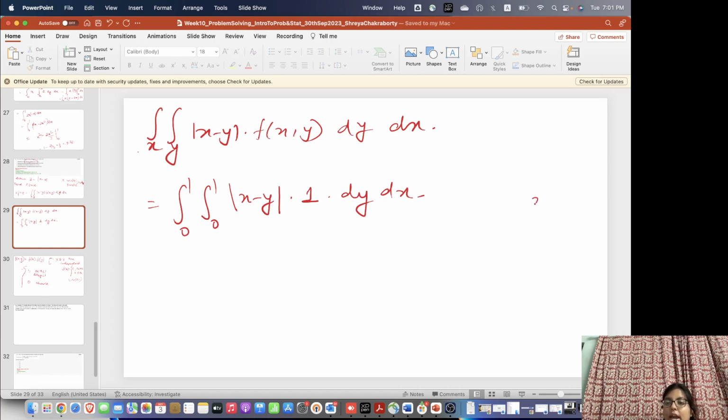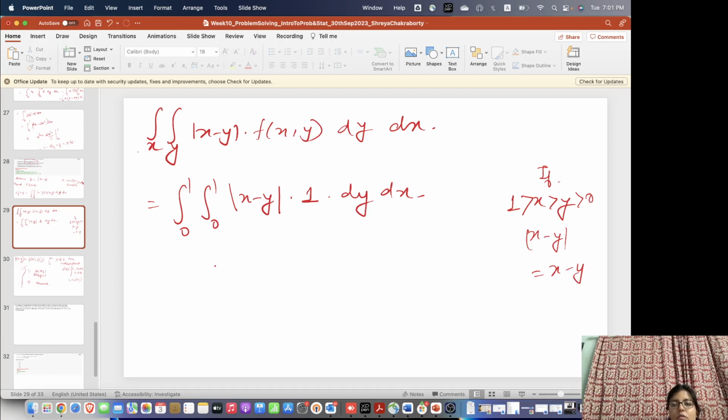Now, if x is greater than y, then x has to lie between 1 and 0. In such a case, x minus mod of x minus y would be x minus y. But the range of x at that point should be 1 to y.